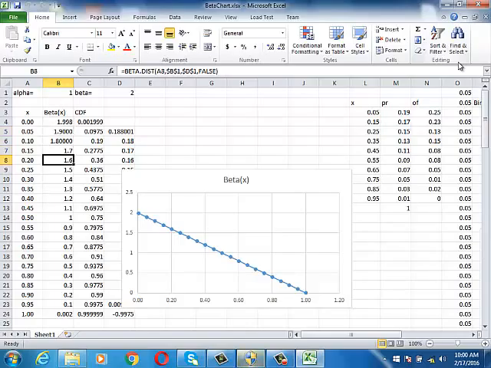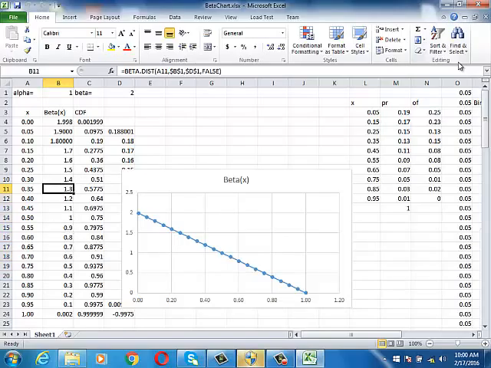As you go down, I have just the beta of x. All of the parameters are the same except that the x value keeps changing.